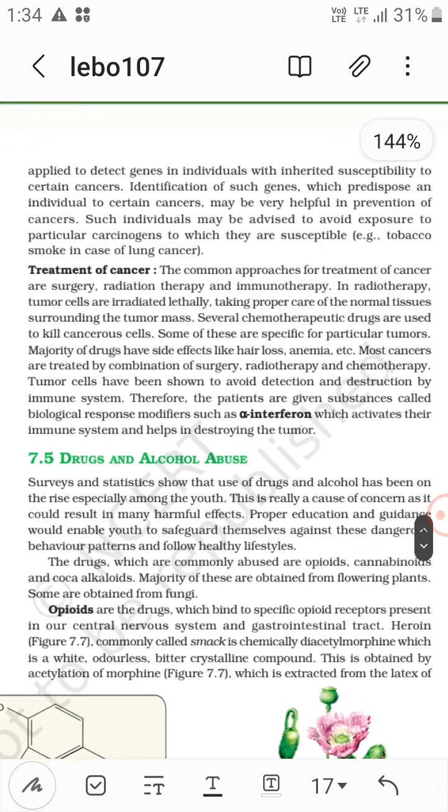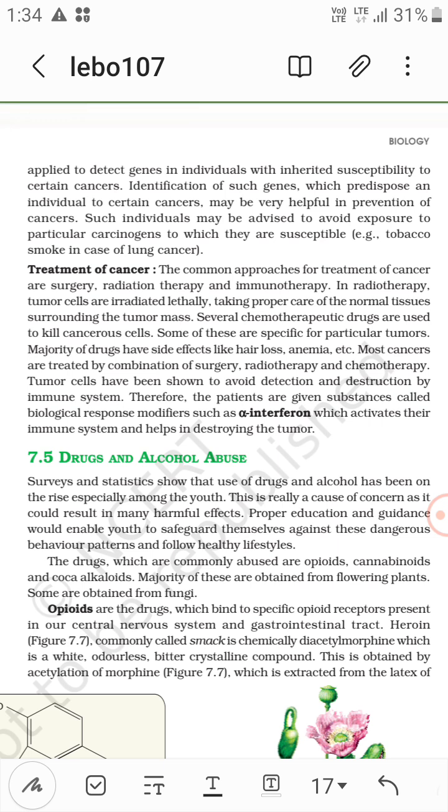So this is it. Most cancers are treated by a combination of surgery, radiotherapy and chemotherapy.